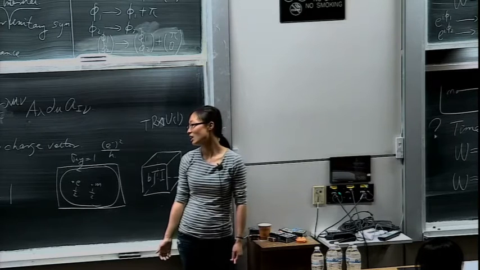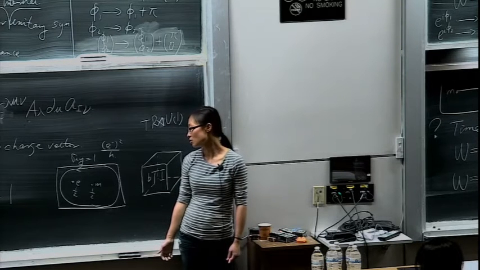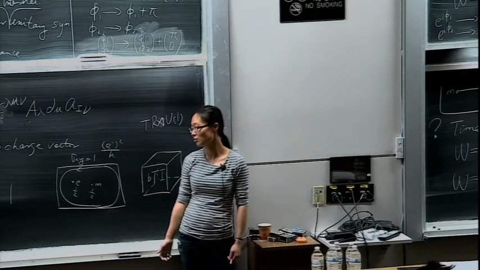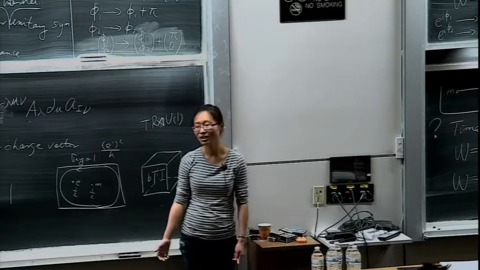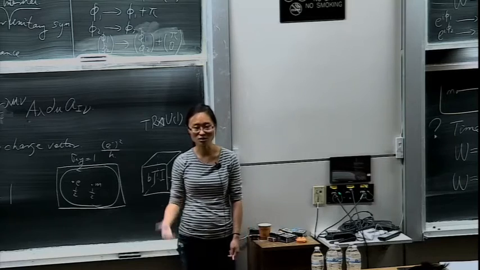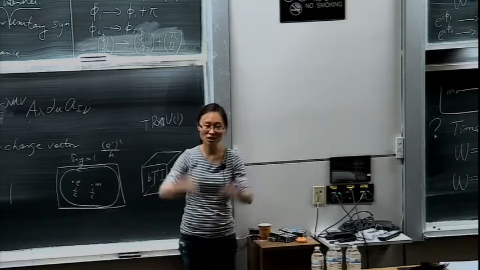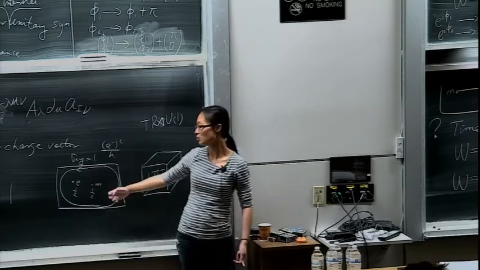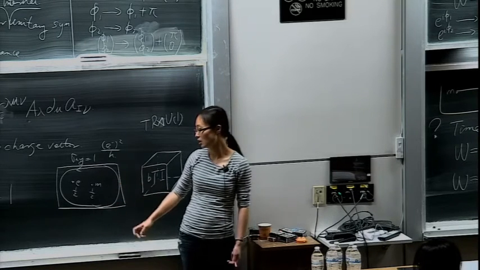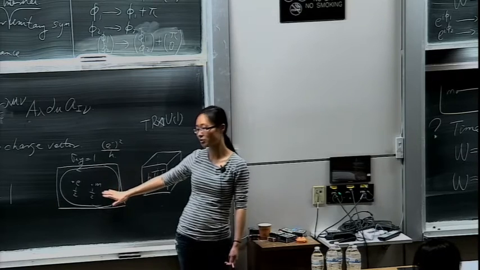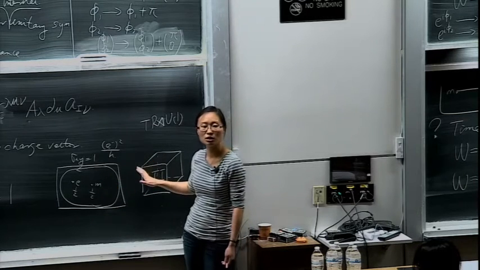Also, if you break time reversal, then it's a trivial state. If you break charge conservation, it's a trivial state. So if you put everything together and come up with a surface fractionalization pattern, then you find something that's potentially consistent with topological insulator.